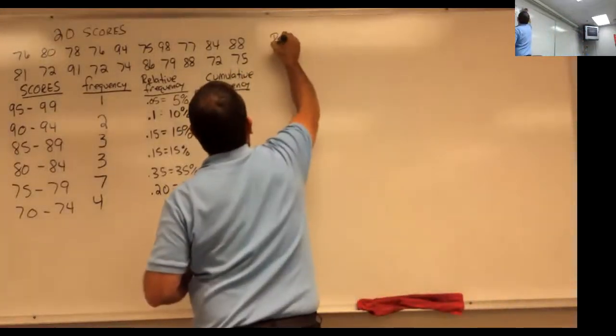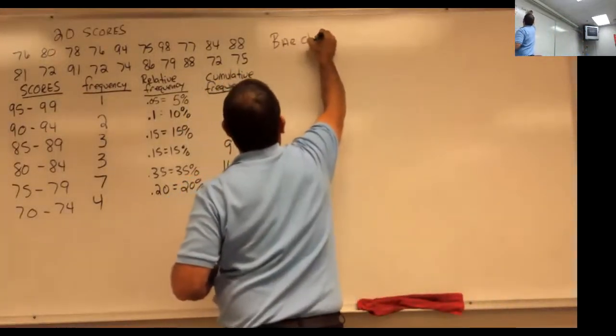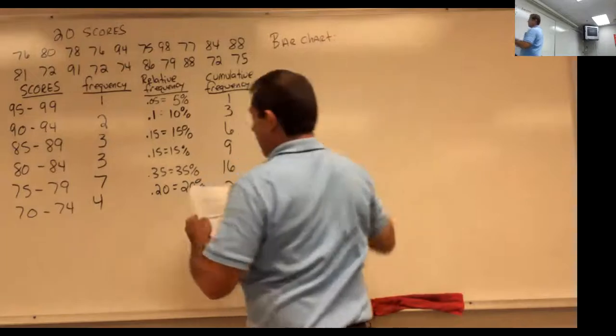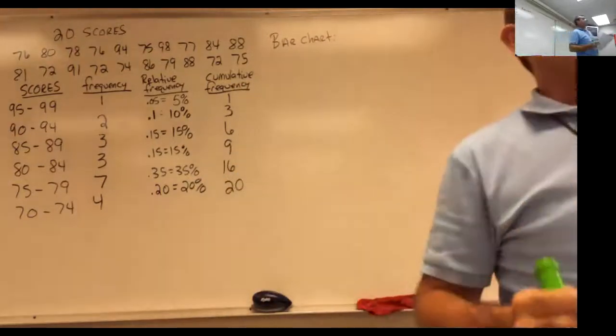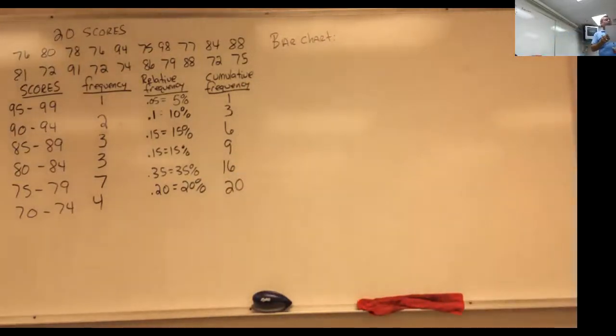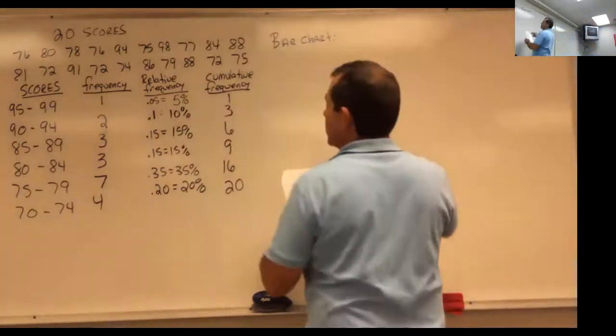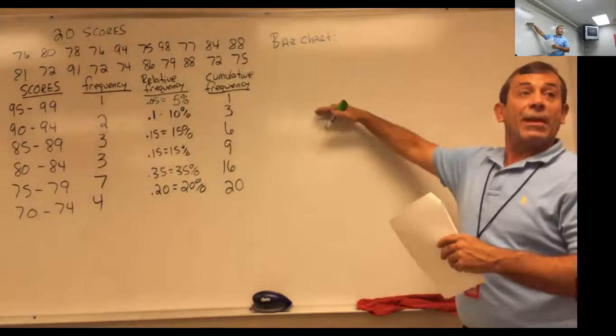All right, so a bar chart. It shows the categories, and a bar shows its frequencies. So you use the bar on the bar chart to say how many times it happened.